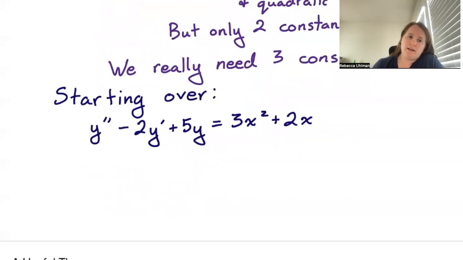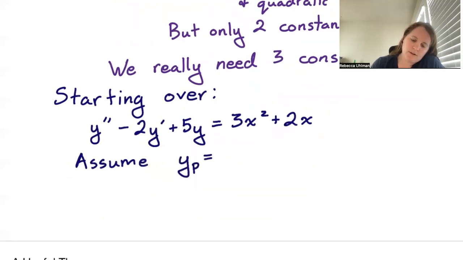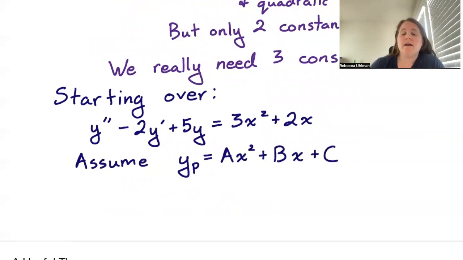Let's assume yp is equal to ax squared plus bx plus c. As a general rule, if we have constant coefficients on the left-hand side and a polynomial for a yp, you'll need to pick all of the lower powers as well.